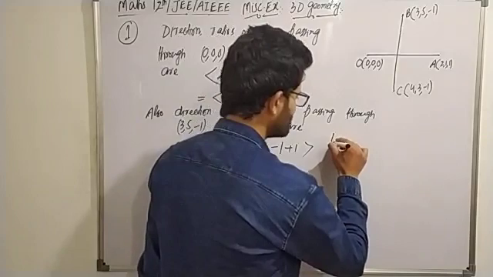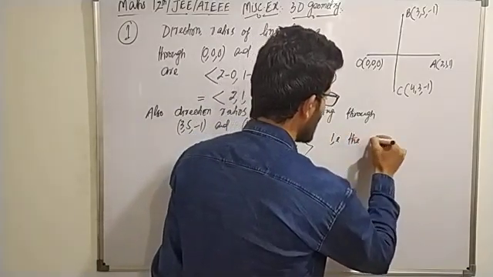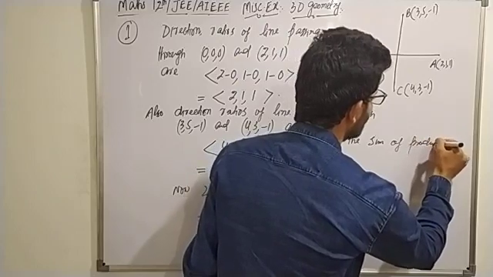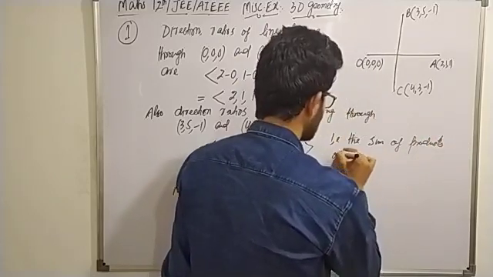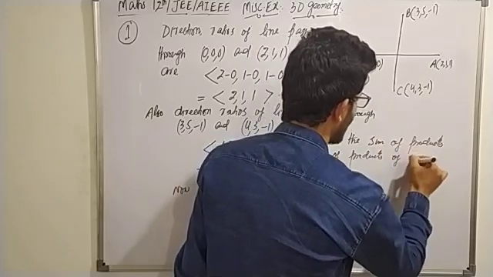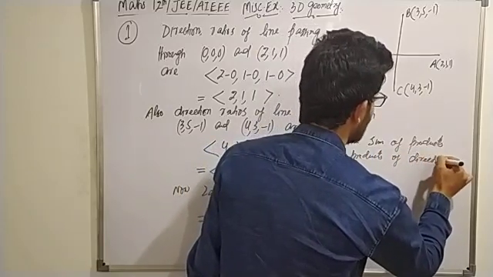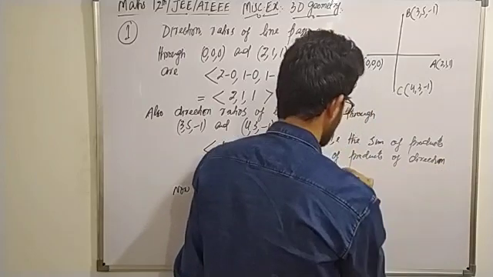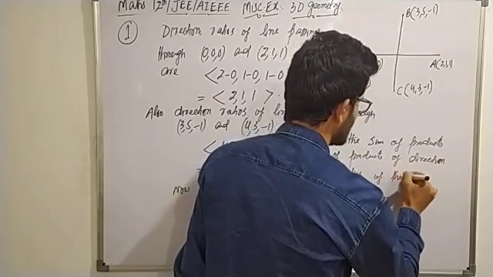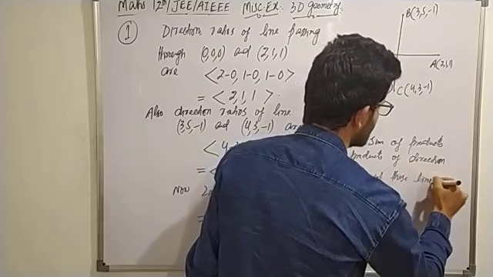The sum of products of direction ratios of these lines is 0.